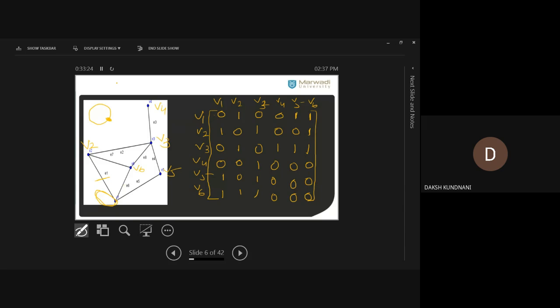If it is a loop at V2, then the relation is from V2 to V2. If there is a loop at V3, then V3 to V3 is 1. Clear?